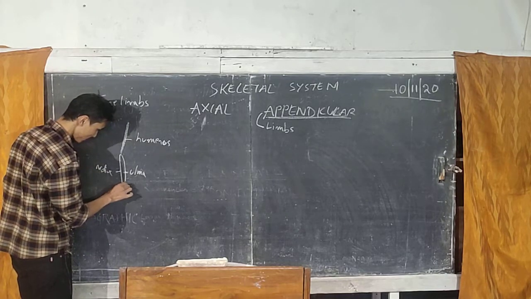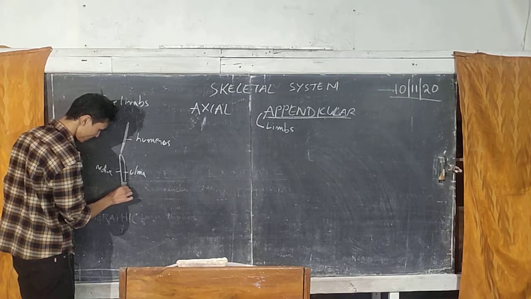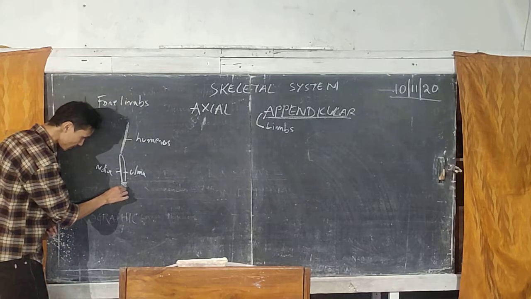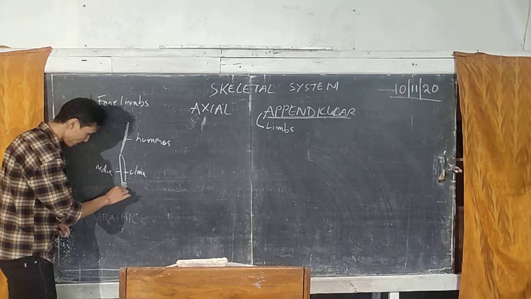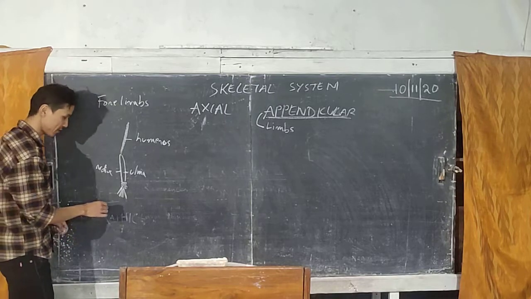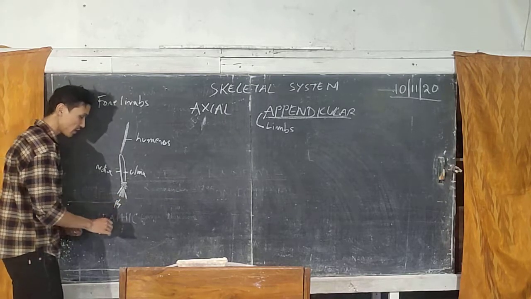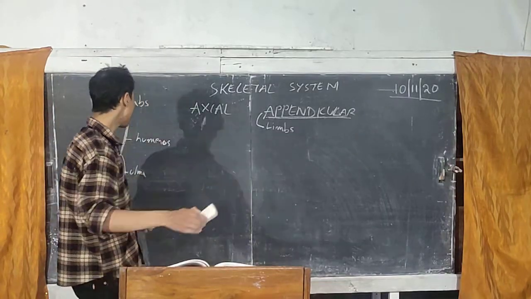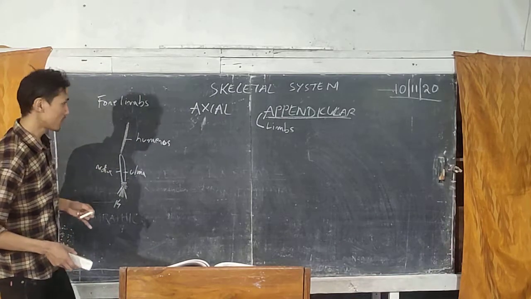Then there are 14 carpals, that is your wrist bone, and then the bones of the palm, these are 5, known as metacarpals, and then the bones of the fingers are known as phalanges, which are 14 in number, 2 in the thumb and 3 in each finger. So basically this is your forelimb, that is the structure of the hand.